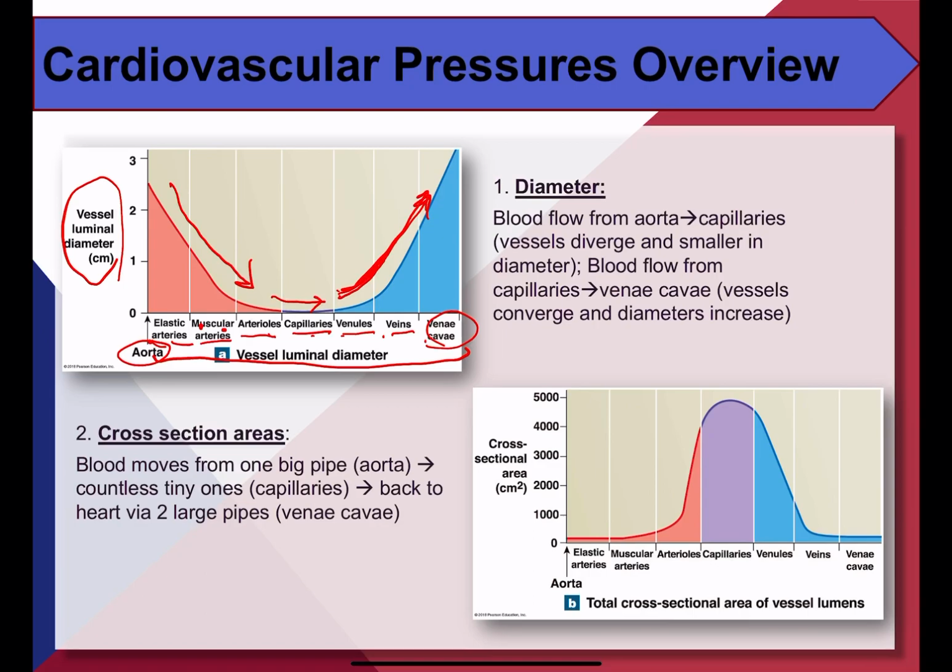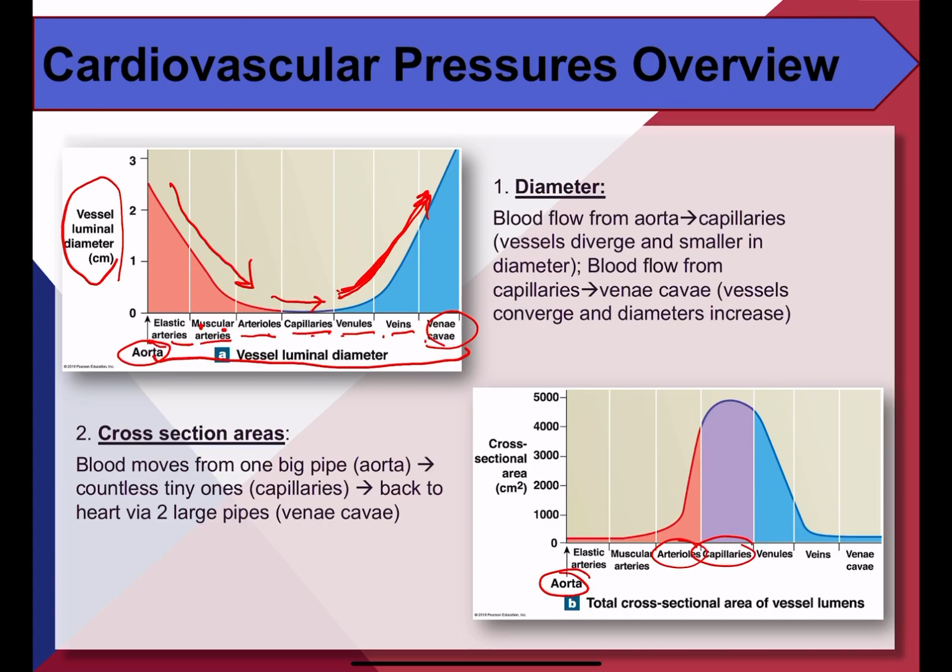Okay, so for example, in the beginning, you just have one tube coming out of the heart as your aorta, and then it slowly diverges into many arterioles, followed by many capillary beds, which many of these tiny tubes together can be equivalent to a lot of surface area. And then the surface area becomes small again when it enters the veins.